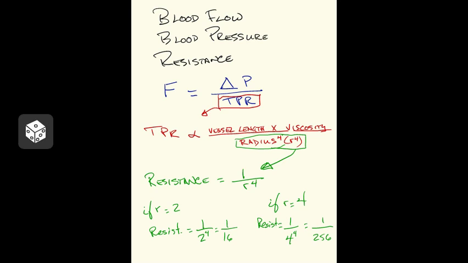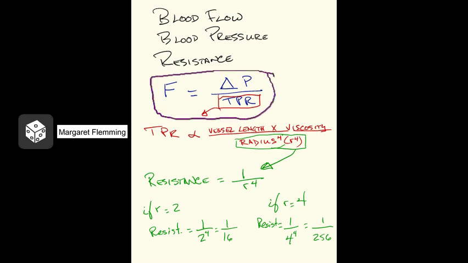So next, let's take a look at a mathematical formula that will help us understand the relationship between these things. Here is that formula. Flow is equal to delta P over TPR.